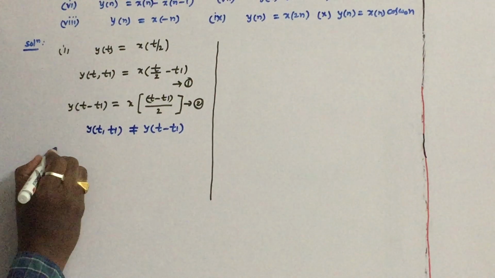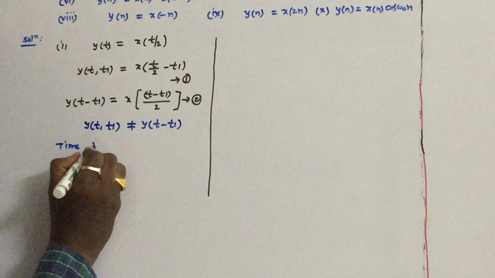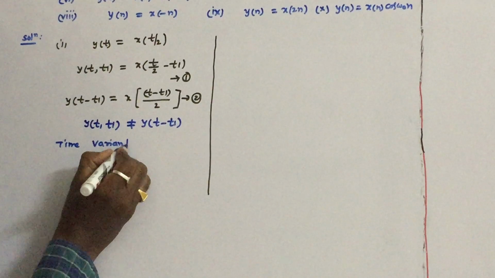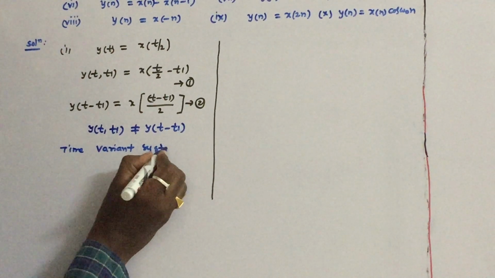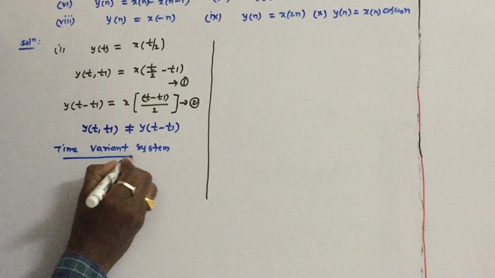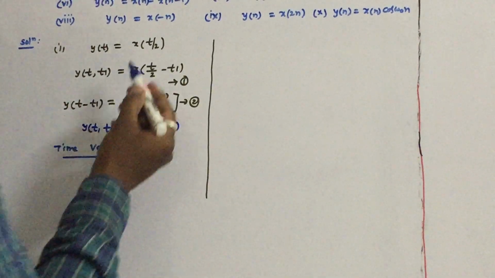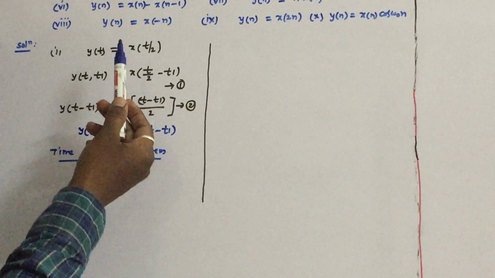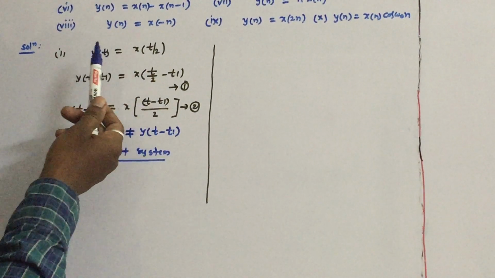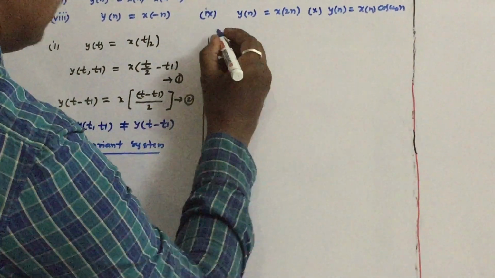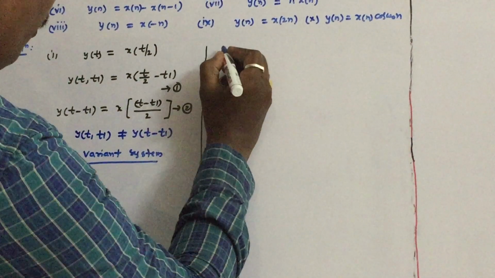Therefore, this system is a time variant system, since the time delay in the input is not producing the same amount of delay in the output. That is the reason this is a time variant system.